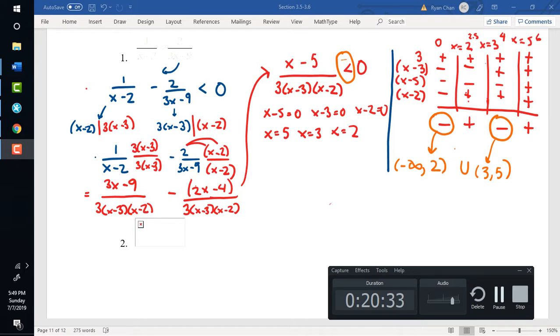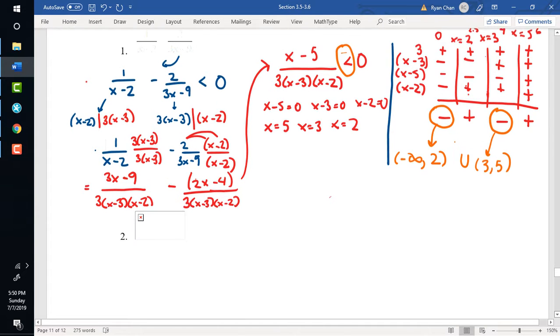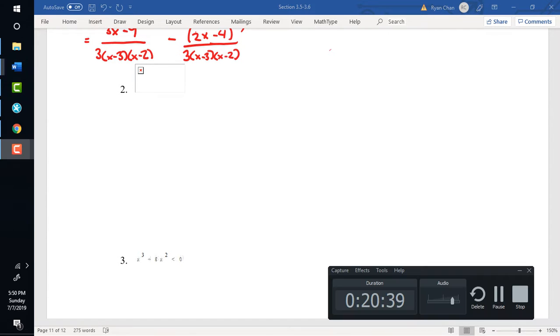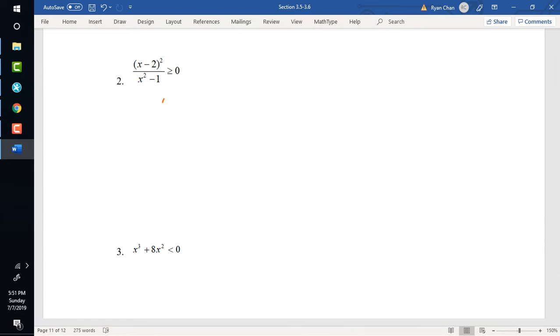So let's look at the next example right here. Okay, so let's look at this one. I want to show you this one because notice this time we have a greater than or equal to 0. Nice thing for us is, if you notice, it's already all on one side and it's combined as one fraction. So we actually don't need to do the moving. And for the most part, it's factored.